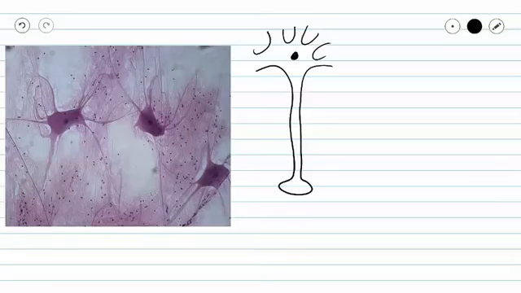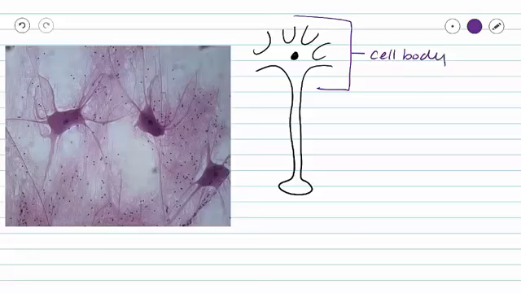Here we have a rudimentary drawing of a neuron. This area here is considered to be the cell body of our neuron. And our cell body can go by different names. We can call it the cell body, or we could call it the soma, or we can call it the neurosoma.